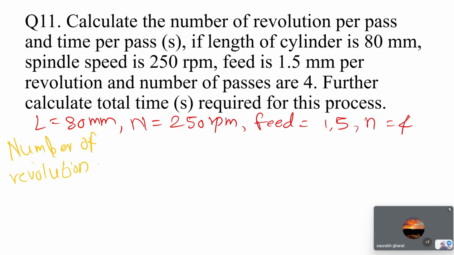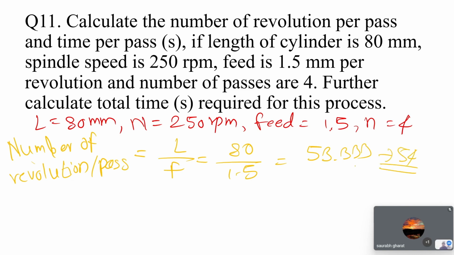The formula will be L by F. So L is 80 divided by F, 1.5, equal to 53.333. So it will be 54 revolutions per pass. The L is 80, the feed is 1.5. L by F is a simple answer.